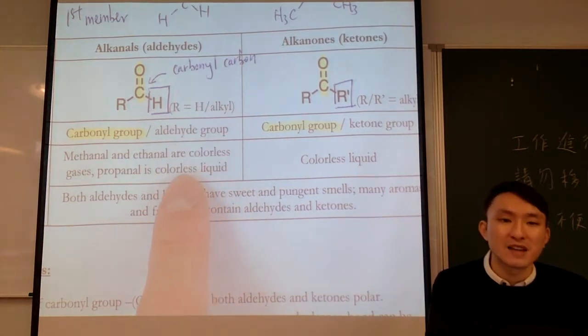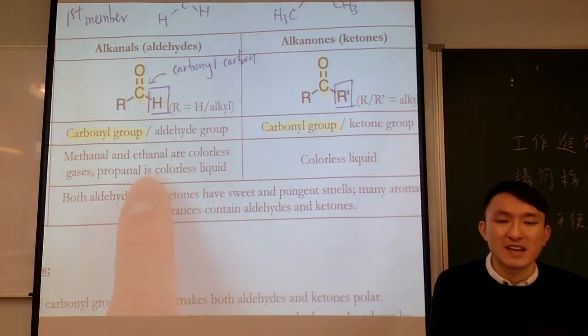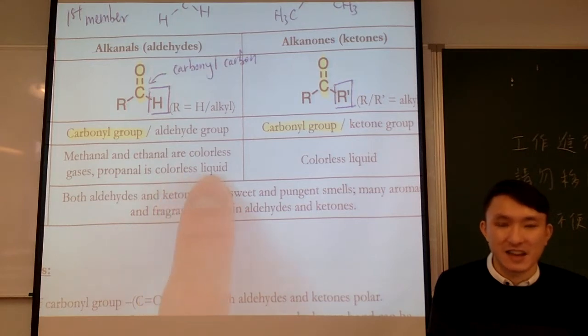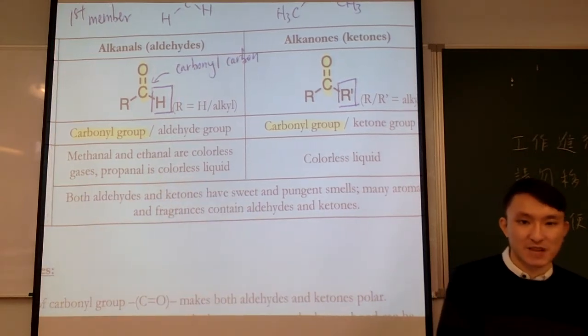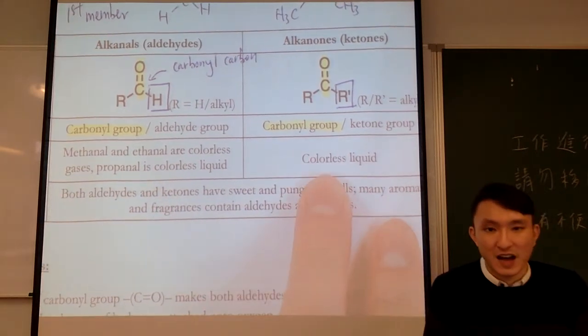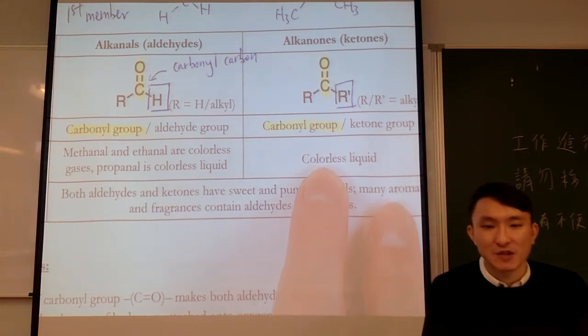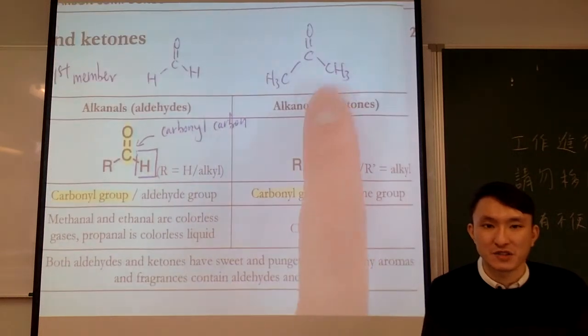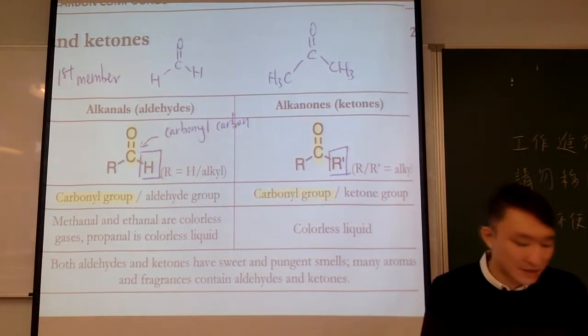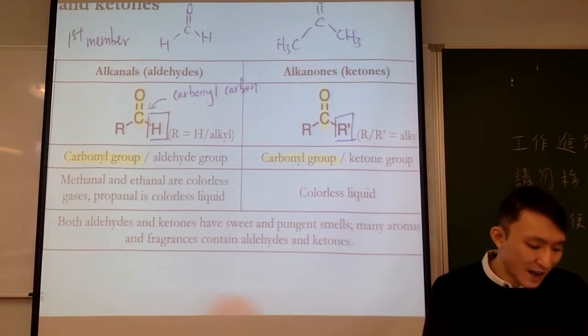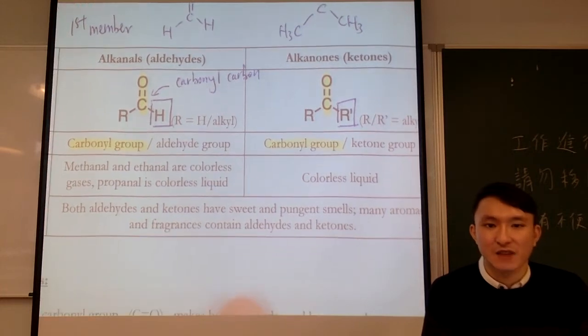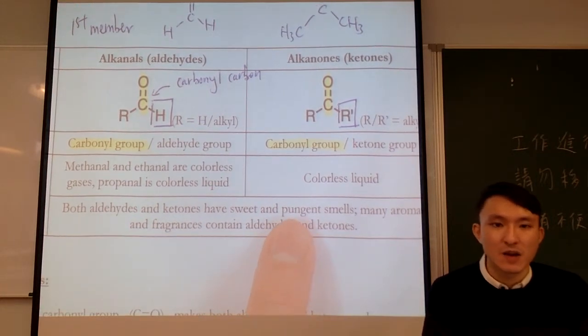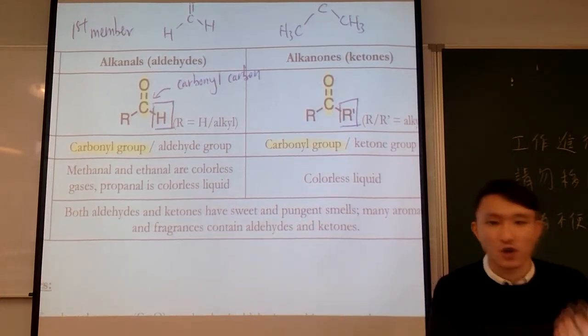So only with 3 carbons can it exist as a liquid at room temperature and pressure. For ketone, most of them are colorless liquids, because remember, even the first member already has 3 carbons. Now, aldehyde and ketone have a sweet and pungent smell. In other words, they have a strong smell.